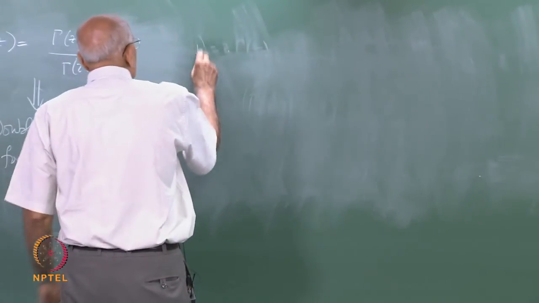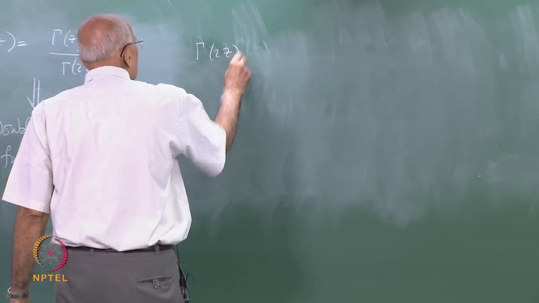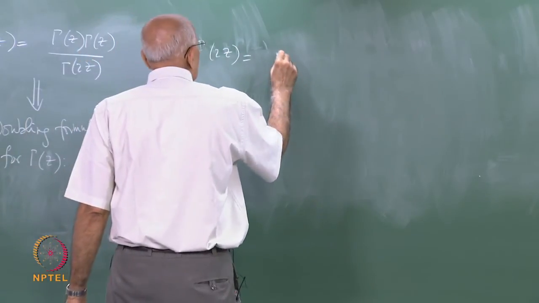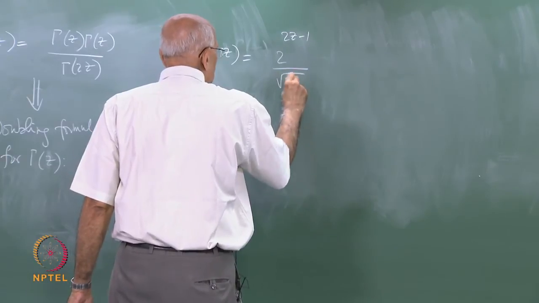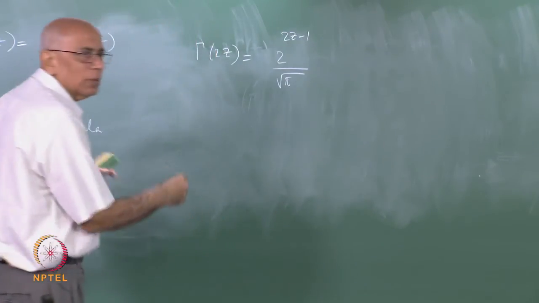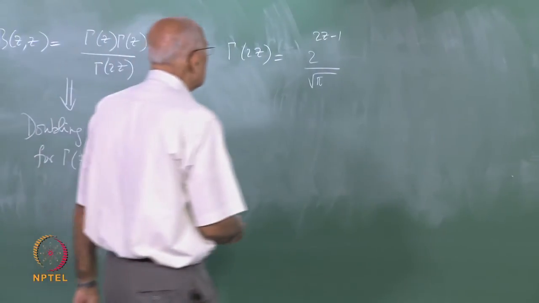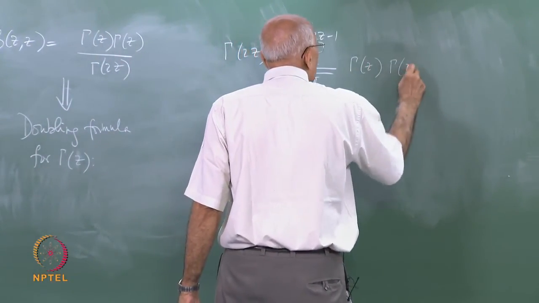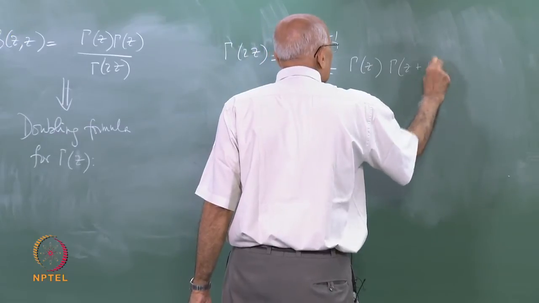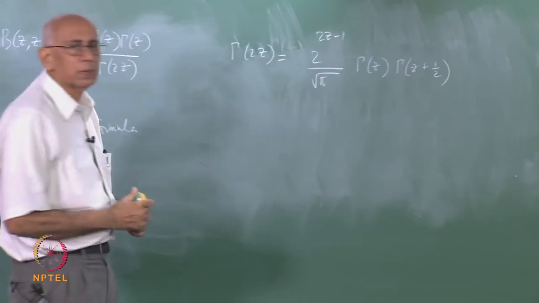It says gamma of 2z equal to 2 to the power 2z minus 1 over gamma of half, which is root pi, not surprising because you get this by playing around with this beta function, and then there is a gamma of z times gamma of z plus half. Okay.